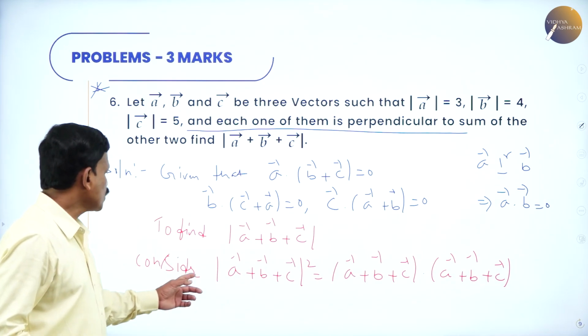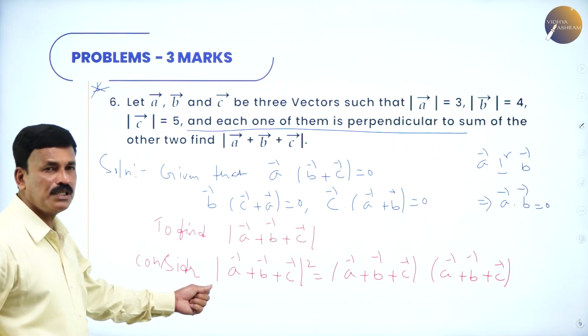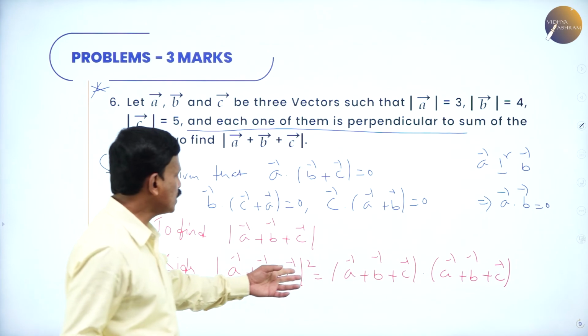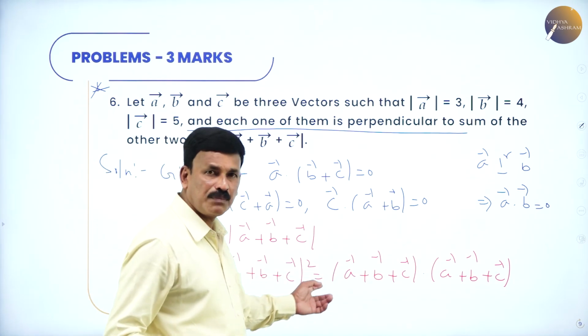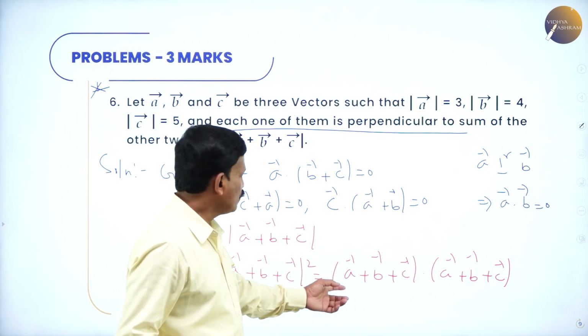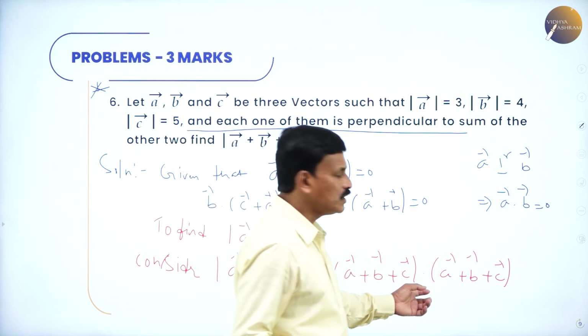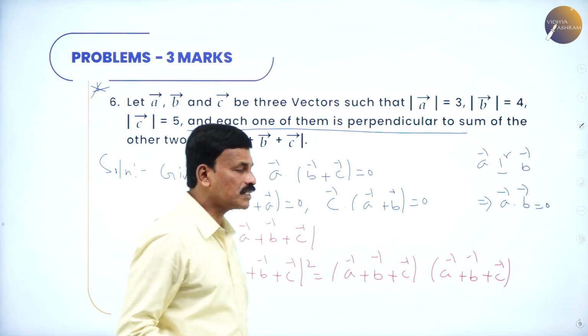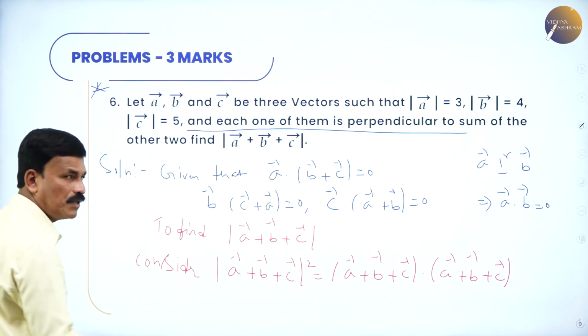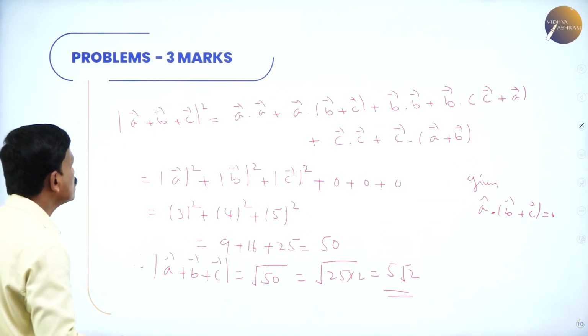Now consider the length of vector A plus B plus C whole square, which can be written as the vector A plus vector B plus vector C dot vector A plus vector B plus vector C. If you simplify this, what you will get?